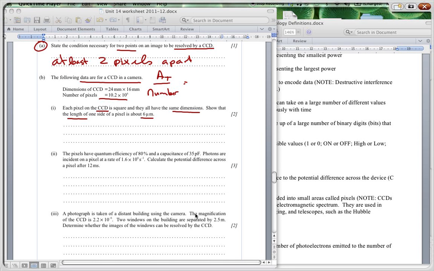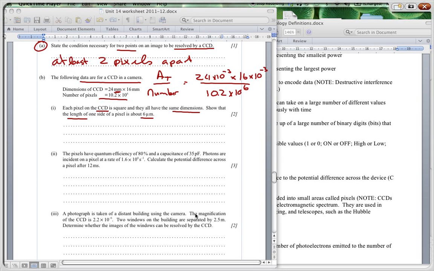So that's going to be 24 times 10 to the negative 3, because it's millimeters, times 16 times 10 to the negative 3, and we're going to divide that by 10.2 times 10 to the 6. And that will give us our total area.